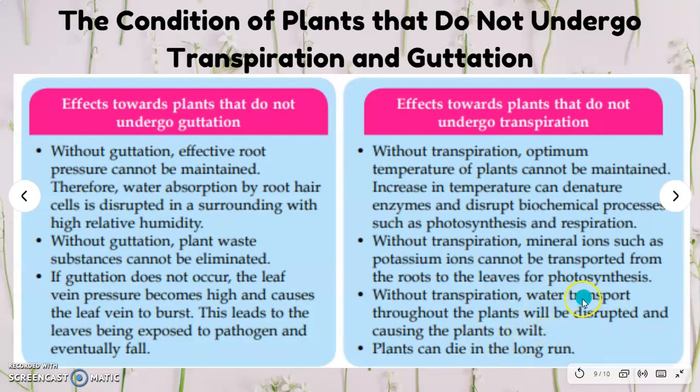Then last one, plants can die in the long run. So eventually the plants can die. That is the effects on plants that do not undergo transpiration.